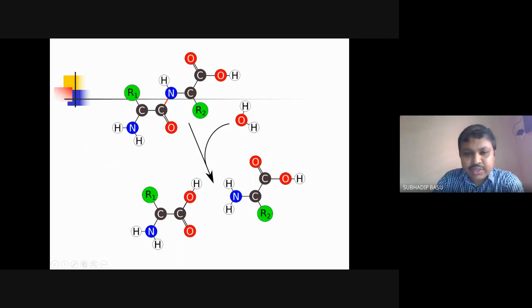R1 is the side chain, and this side chain determines the type, the nature of this particular amino acid, and they are connected together through this peptide bond, and this is the C terminus and this is the N terminus.